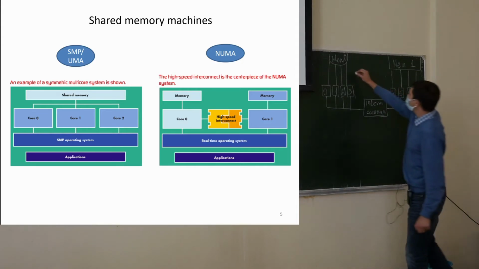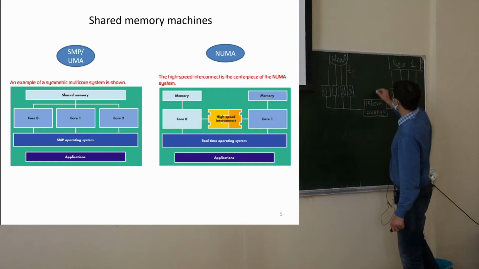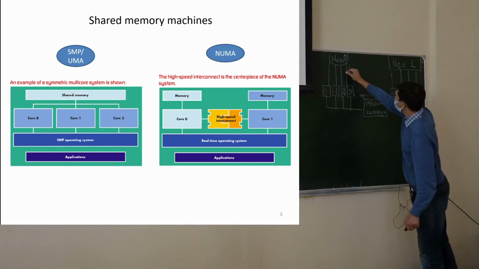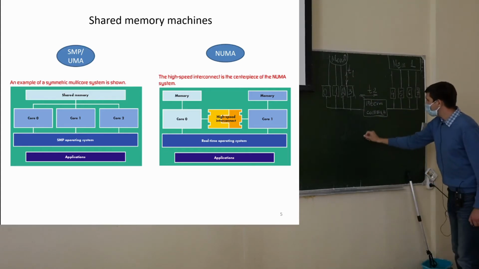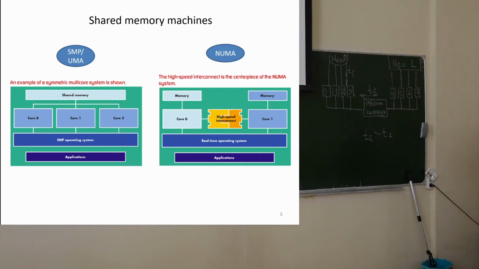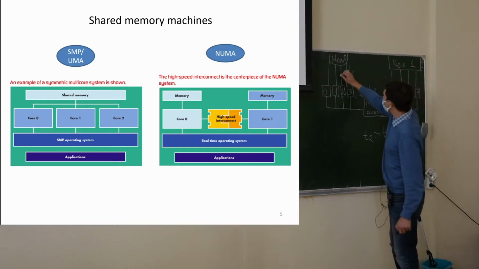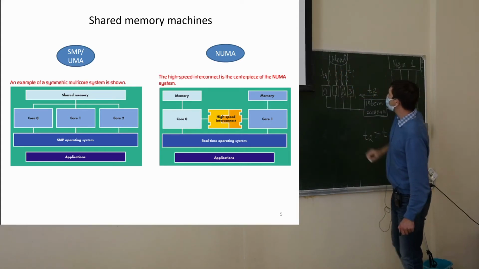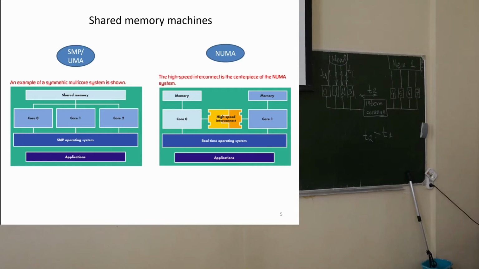Let it be T1, here will be T2, and we can say that T2 is greater than T1. And here is this non-uniformity. Here every core can read or write in approximately the same time, T1.